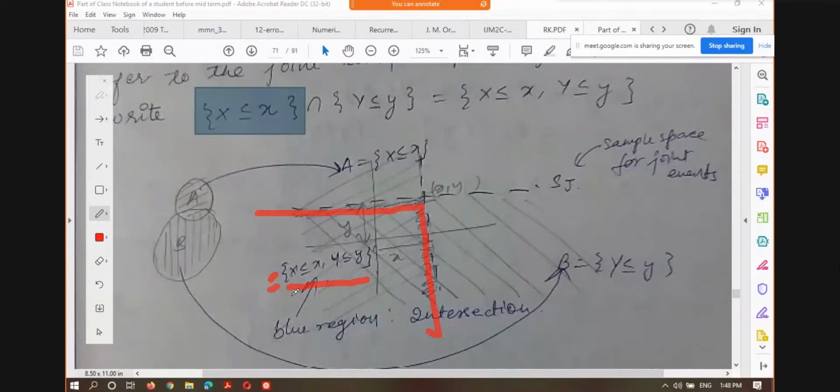And the meaning of this event is X ≤ x intersection with Y ≤ y. The meaning of this is, if you have a sample point S, you have to consider those sample points whose X image is less than x and whose Y image is also less than y. Then they belong to this event.